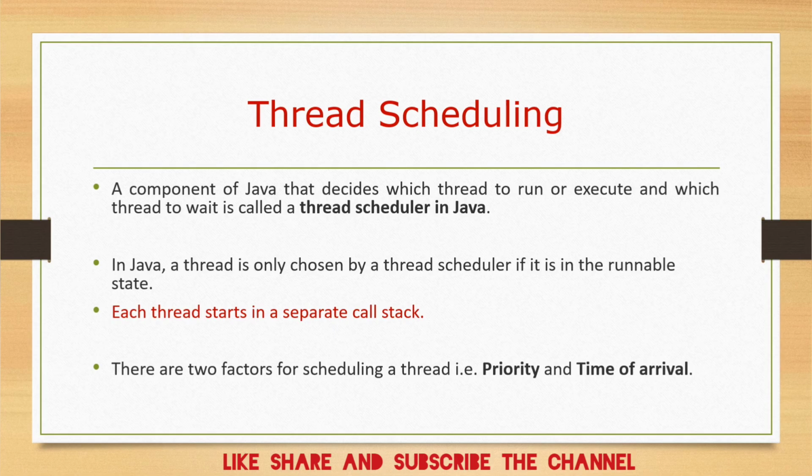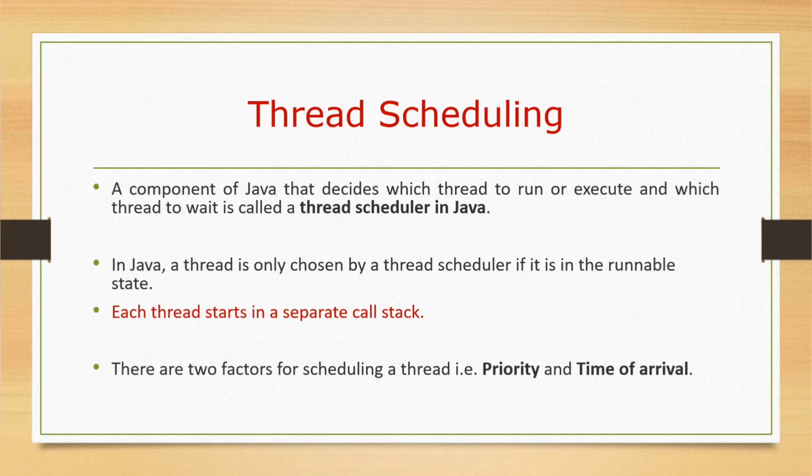So the component of Java that decides which thread to execute, or which thread to pick among the various threads in the pool, is called thread scheduling in Java. Basically, a single thread is chosen by the thread scheduler, and the only thread that is picked by the scheduler is in the runnable state.